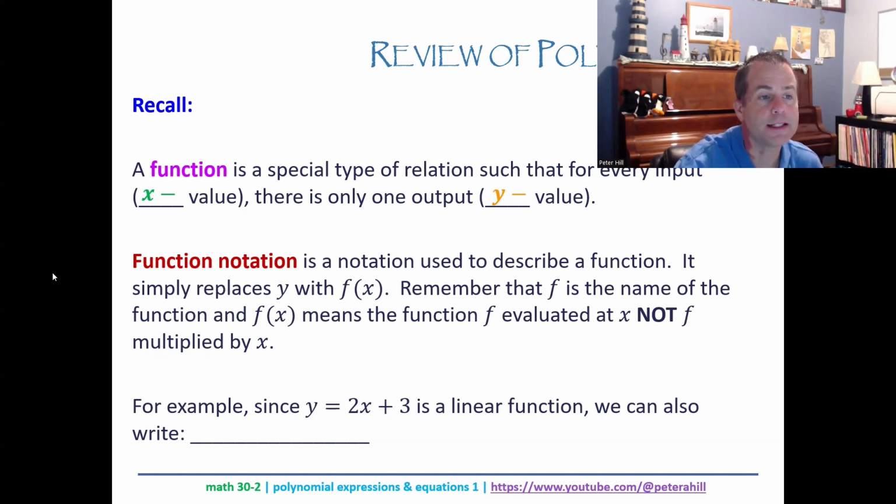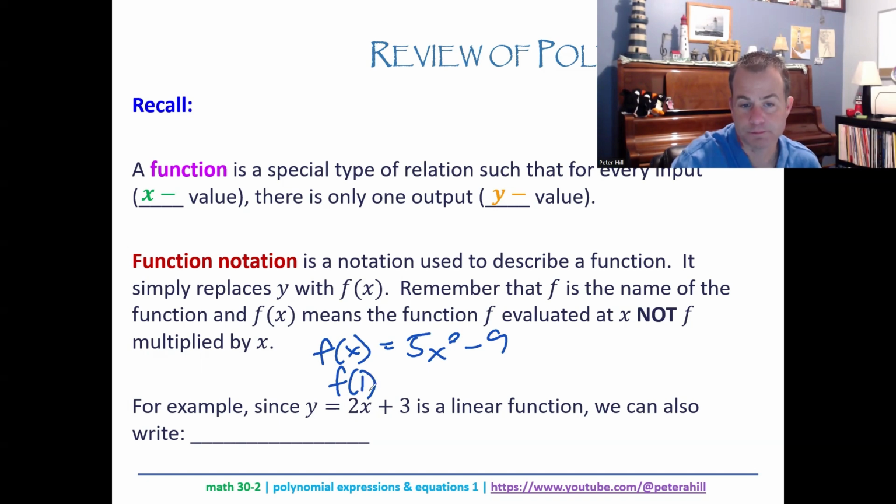So if I had given you f of x equals 5x squared minus 9, and I said we're going to look at f of 1, that doesn't say the letter f times the number 1. It says put 1 in for x into my function. So it says evaluate the function when x equals 1.